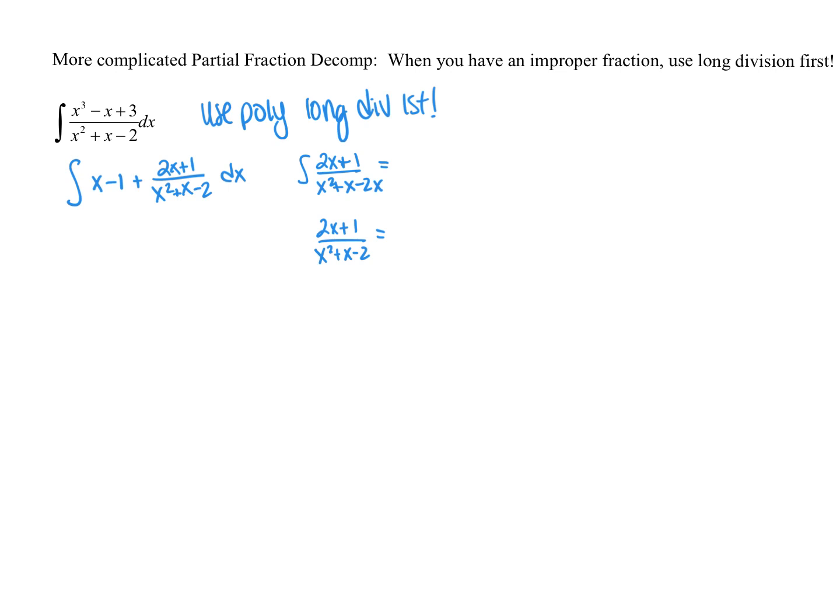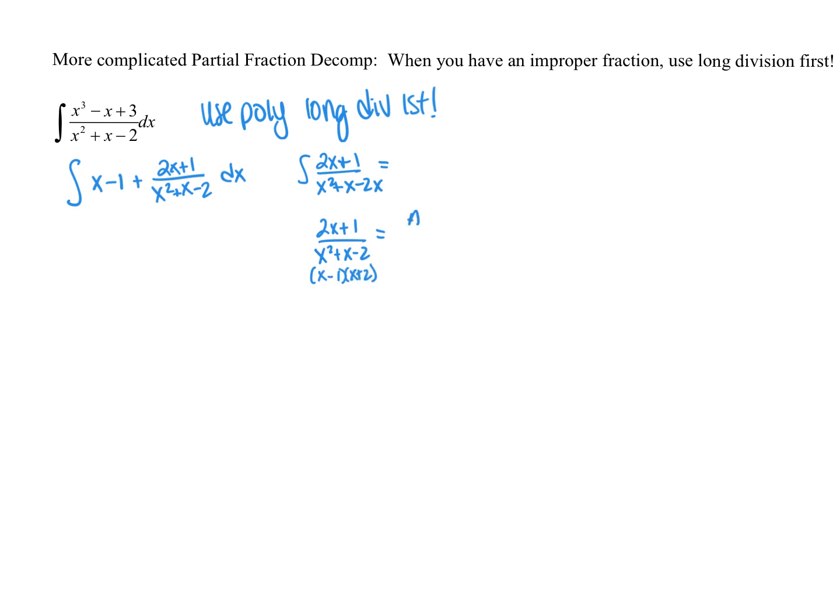For partial fractions. Technically you can do u sub. You don't have to do partial fractions here, but it's good to practice more partial fractions. So this will factor into x minus 1, x plus 2.